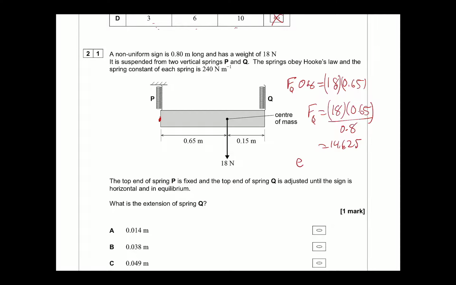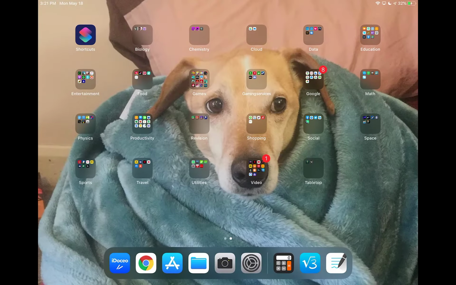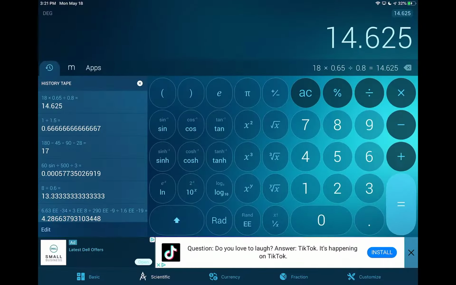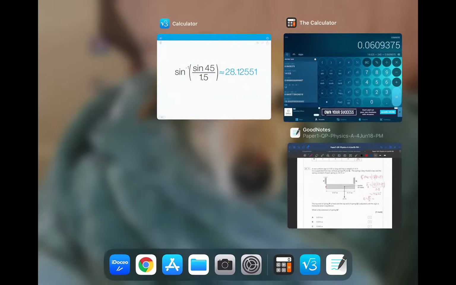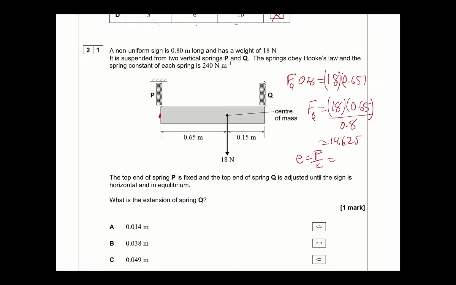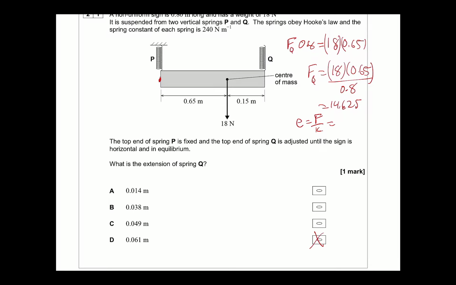And extension is force divided by K. 0.06. There we go.